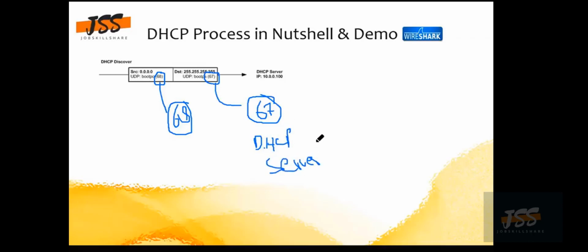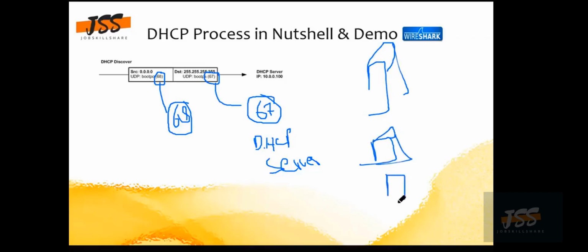Wherever it is, whoever it is, the chances are we have multiple DHCP servers sitting in our LAN environment, and they are handing out the same subnets. So in this scenario, my source is nothing. I don't know about myself.